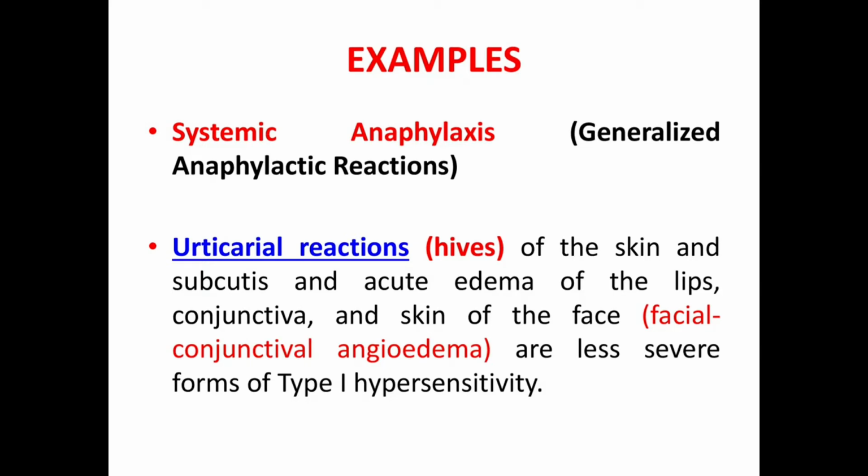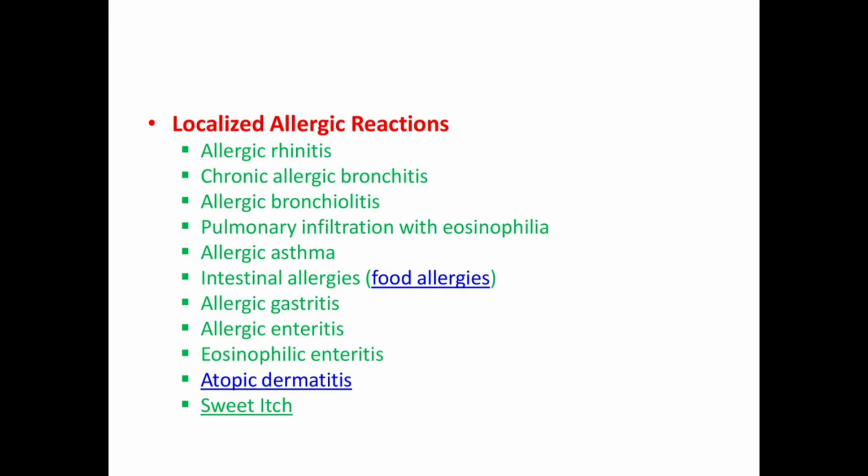Also there are some localized allergic reactions like allergic rhinitis, chronic allergic bronchitis, allergic bronchiolitis, pulmonary infiltration with eosinophilia, allergic asthma, intestinal or food allergies, allergic gastritis, allergic enteritis, eosinophilic enteritis, atopic dermatitis, and sweet itch caused by Culicoides mosquitoes.